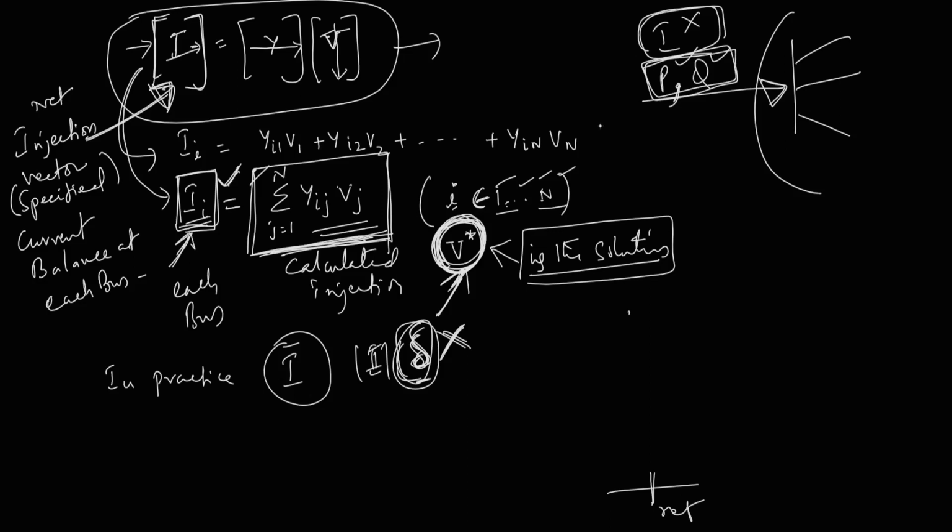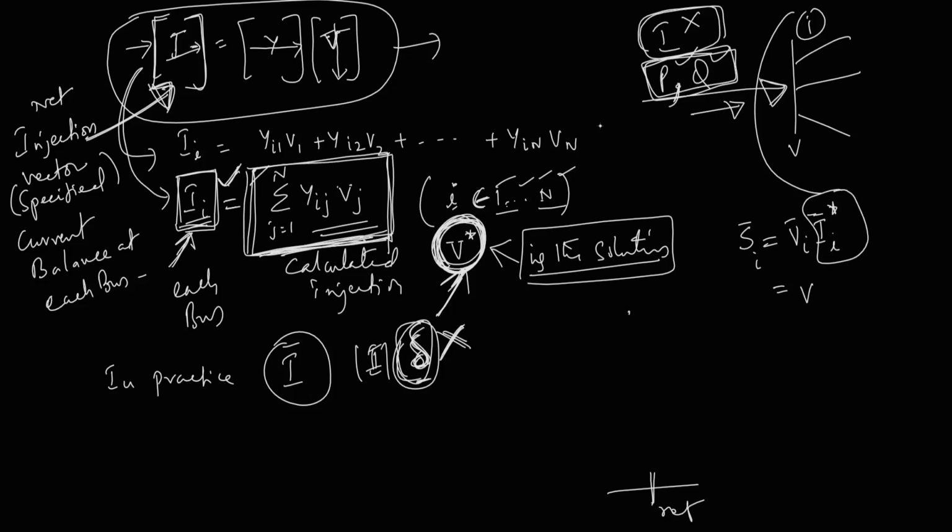So this is the complex power injected into the bus. If this is the ith bus, then S_i equals V_i phasor multiplied by I_i conjugate. All are phasors, right? Now what is this I_i? This is the calculated part of the injection, from this equation.